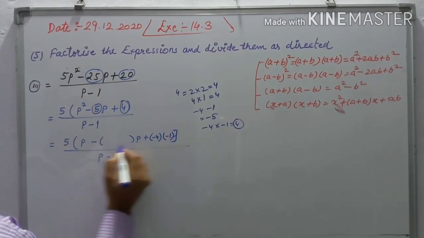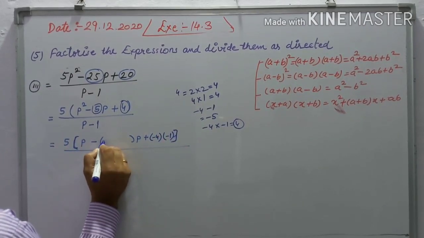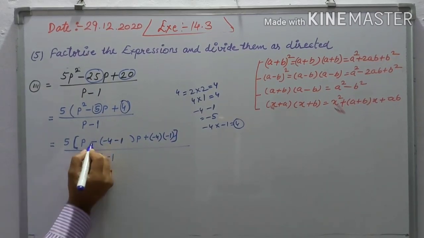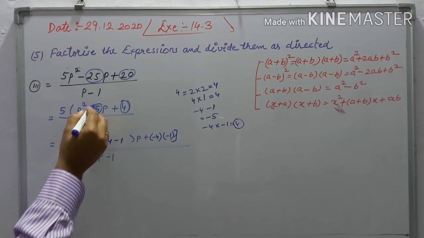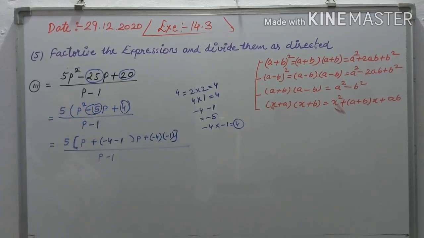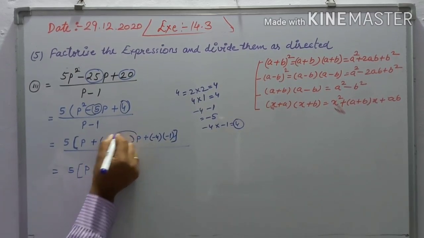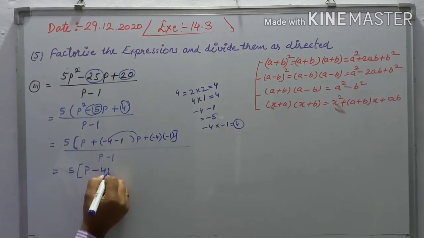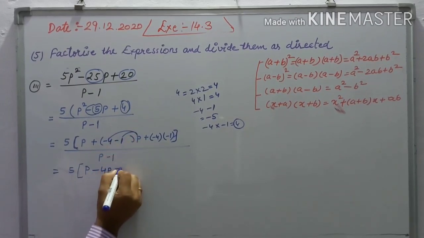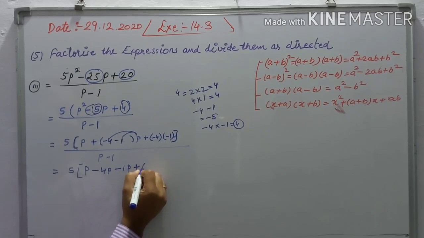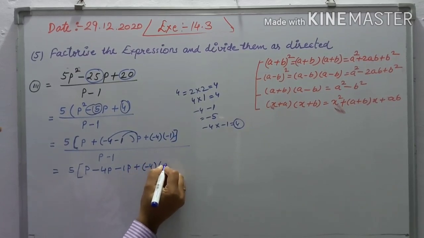Now write 5 in bracket p multiplication minus 4p, minus 1p, and plus minus 4 and minus 1.